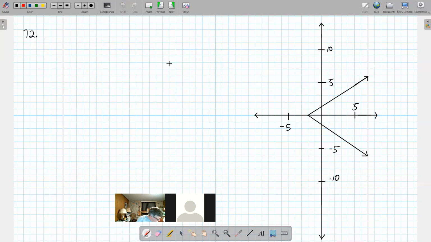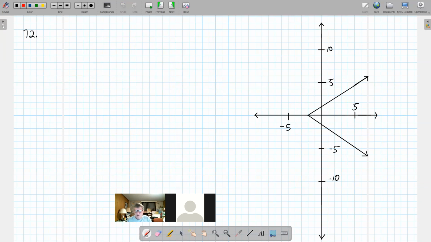72, new directions. It says this. Determine whether each graph is the graph of a function. If it is not, find two ordered pairs where more than one value of y corresponds to a single value of x.